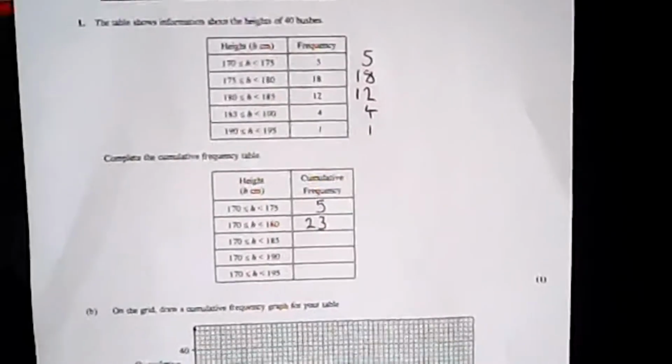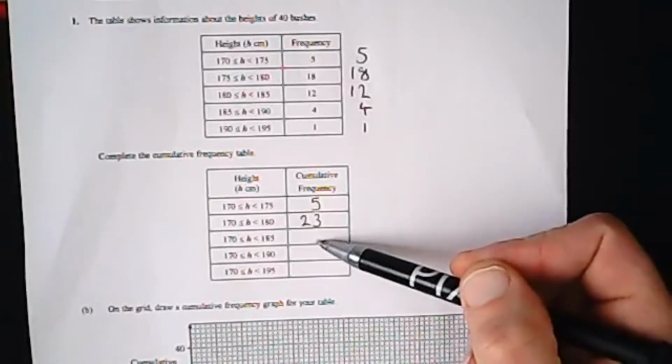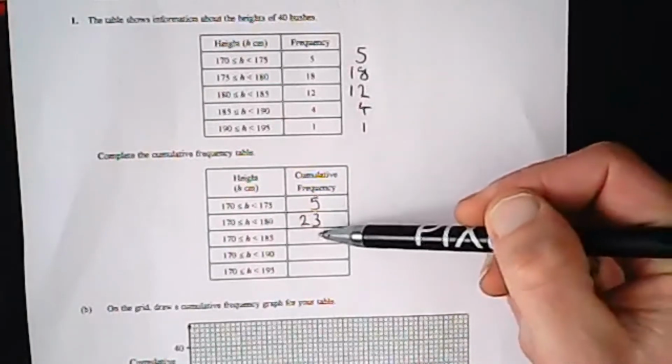So answers please. I'll just pause for a second. I want you to write down what goes in that box there. Given the fact that the next frequency is 12, what goes in that box? Answers in the comment box please.